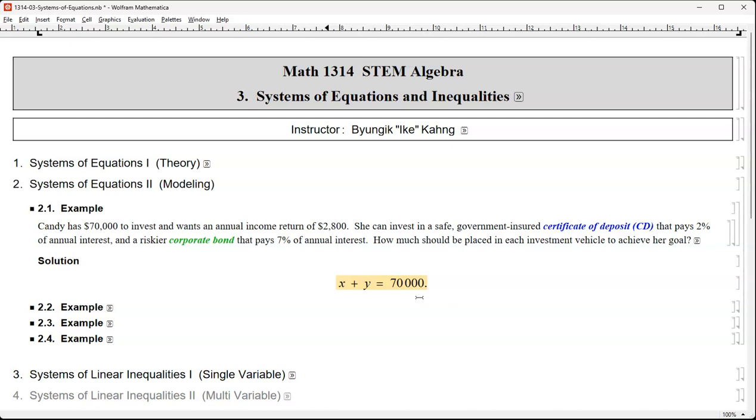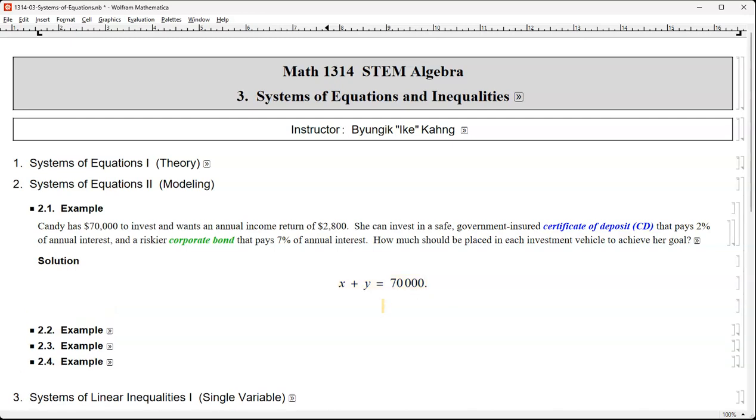Okay, one equation, but you cannot solve it. We have only one equation but two unknown variables. You need additional information to solve it, and the additional information is coming from interest income. Interest income should total 2,800, and part of it is coming from the CD and another part from the corporate bond.